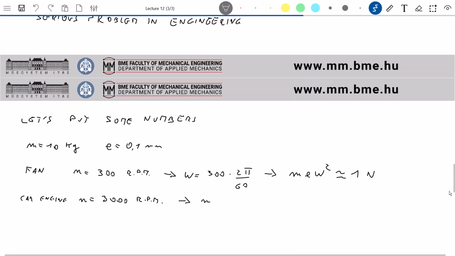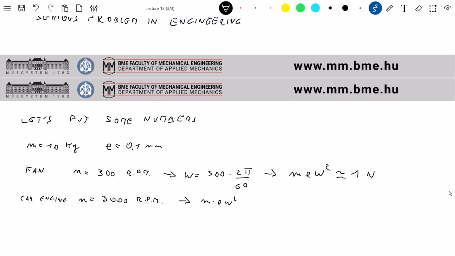Here we have m times e times omega squared almost equal to 100 newton. You see omega squared, so if we increase omega 10 times, the force will increase 100 times. Now 100 newton corresponds to 10 kilograms, so we have a force equal to the weight, which in general is not a big deal, but this force is rotating.